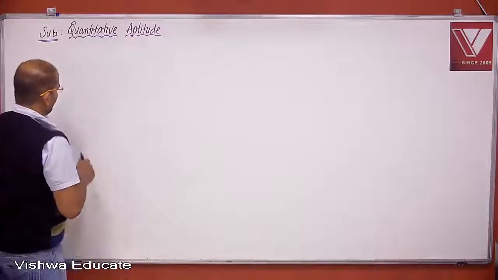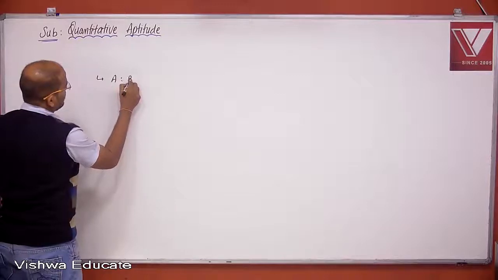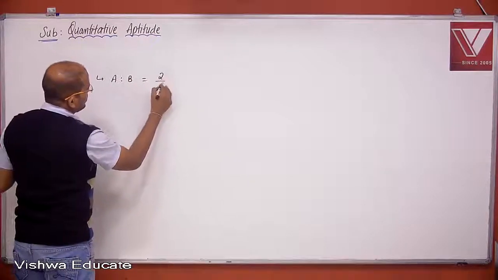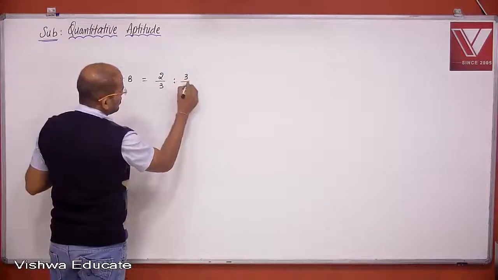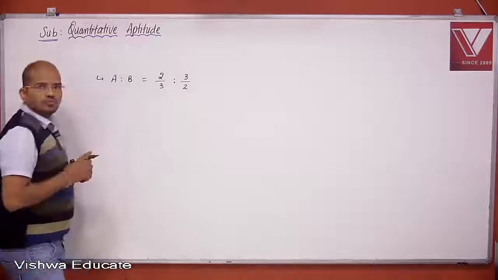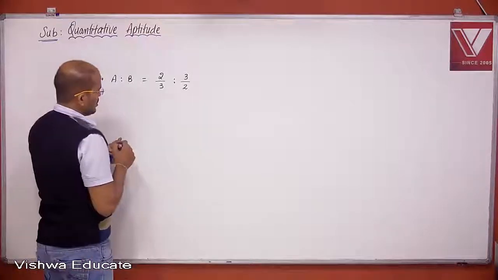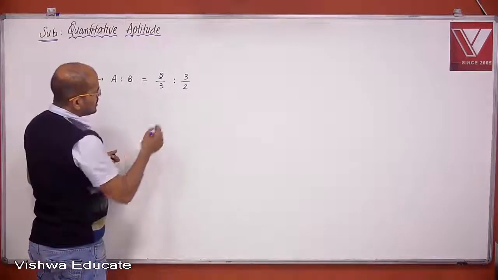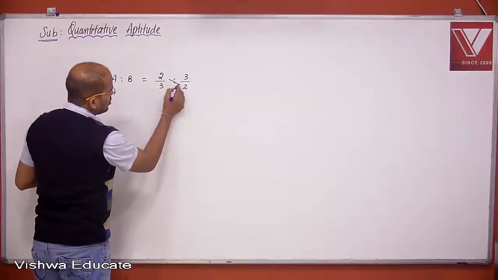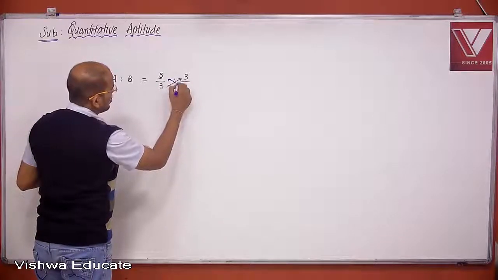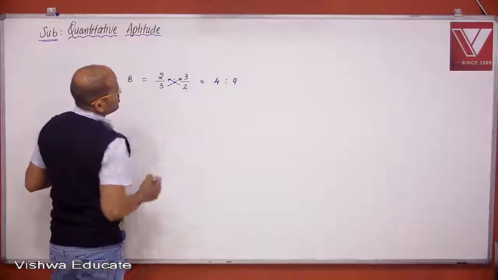I mean to say that if A is to B is given as 2/3 is to 3/2, when you have a problem like this, see that this ratio is in an integer format. So the story says just cross multiply and the answer would be 4:9.